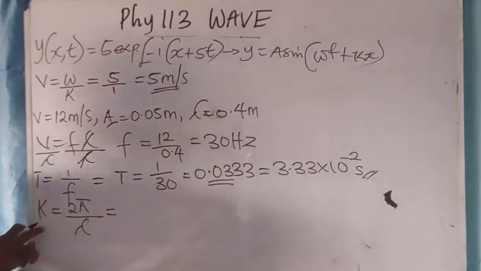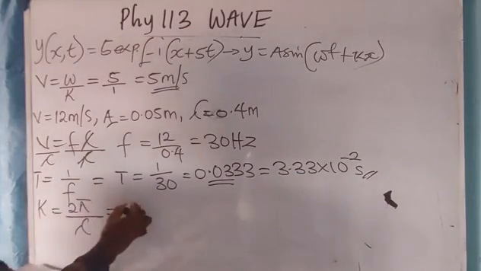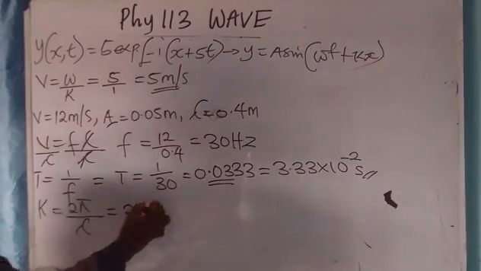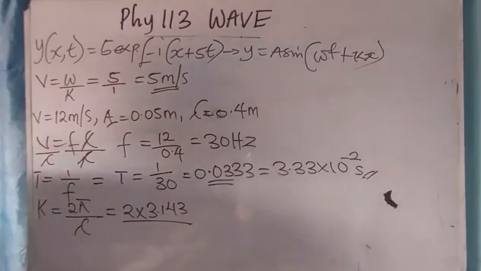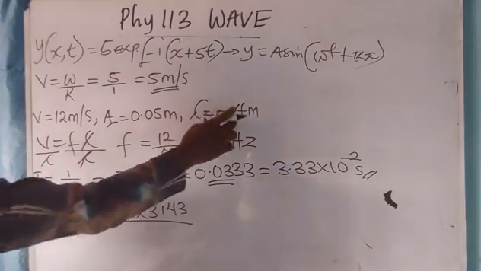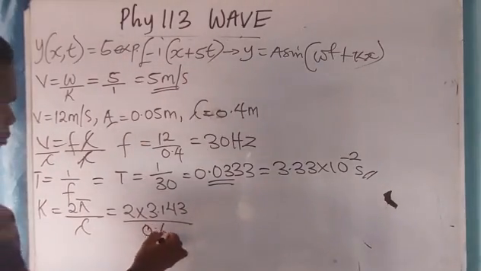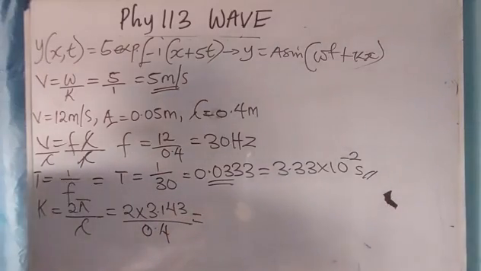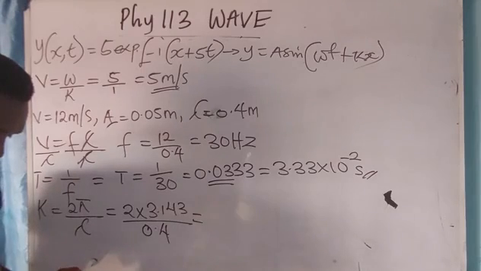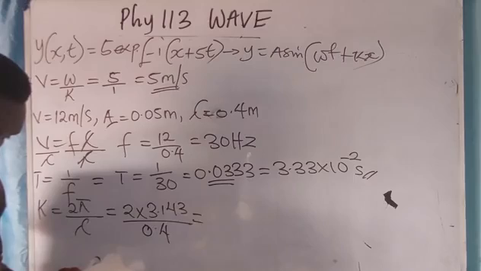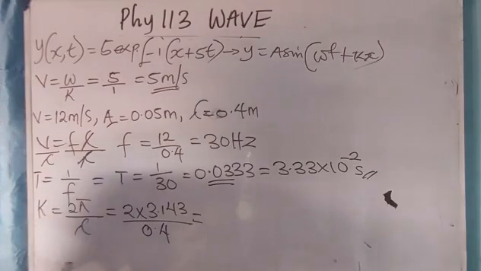Now to calculate the wave number, you have 2 times pi, which is 3.143, over lambda, which from the question is 0.4. 2 times 3.143 equals 6.286.